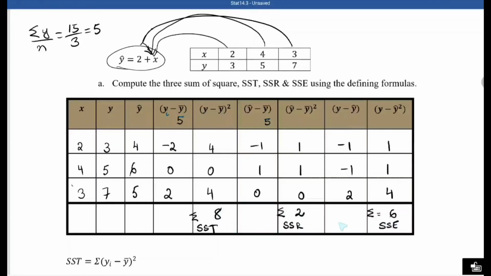And you can already verify here that SST minus SSR should be equal to SSE. Or you can look at it as SSR plus SSE equals SST, which is correct, right? 8 minus 2 is a 6. If you do 6 plus 2, you should get 8, which is also correct.